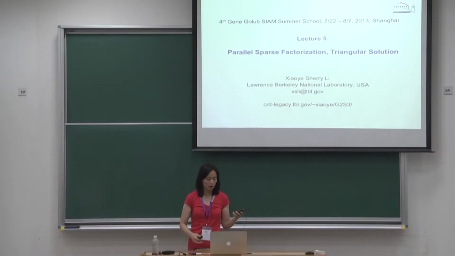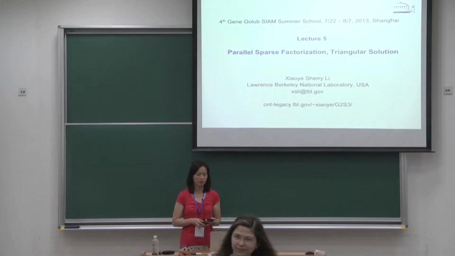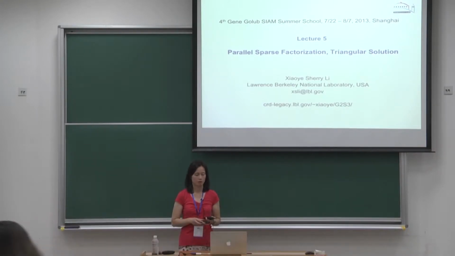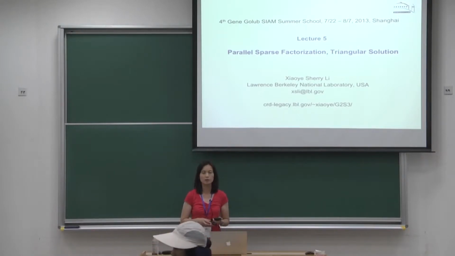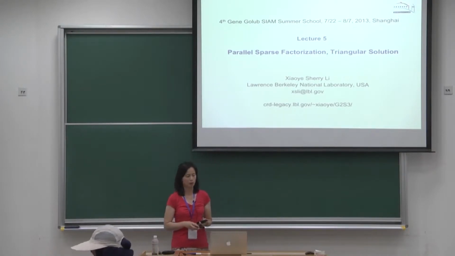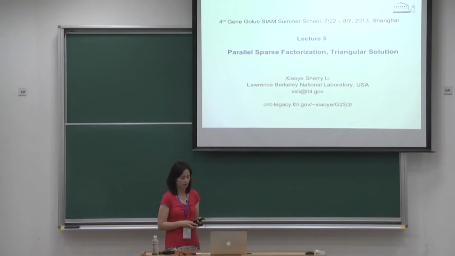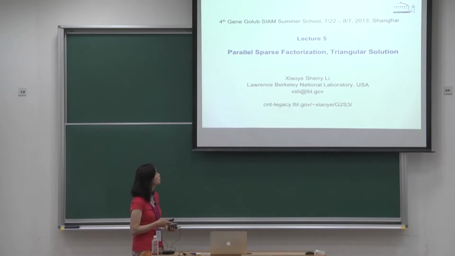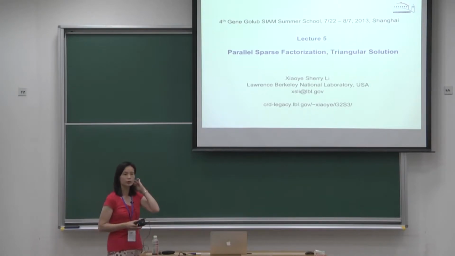Hopefully, let's work. Okay, so we'll start to recap what we left from last time. We started a little bit of introduction about parallel sparse factorization. After we have seen all the combinatorial issues, the ordering and symbolic factorization algorithms, now we're ready to do the numerical factorization.